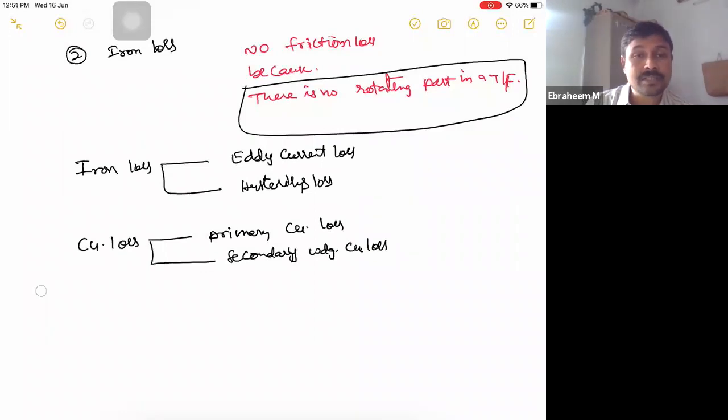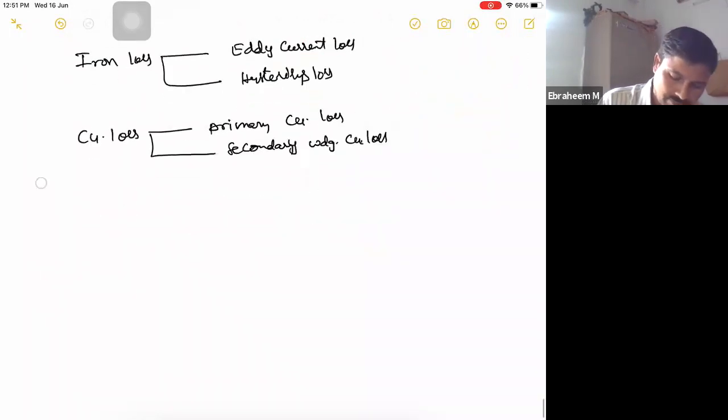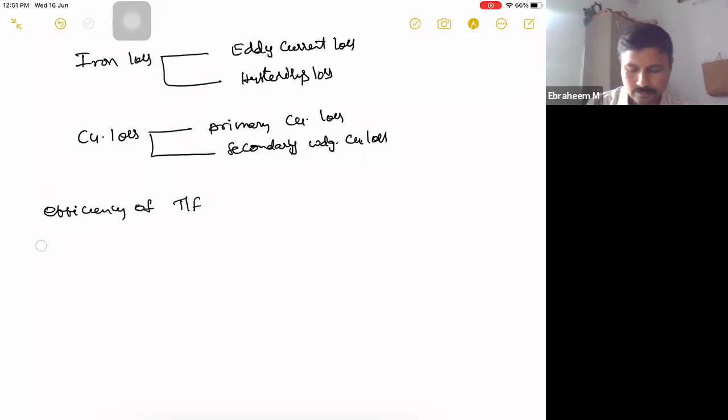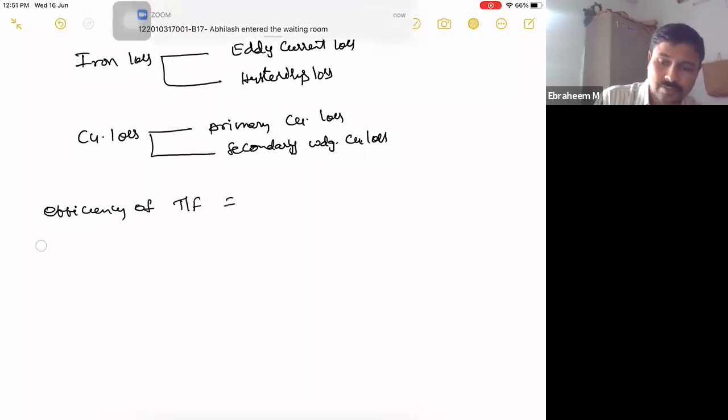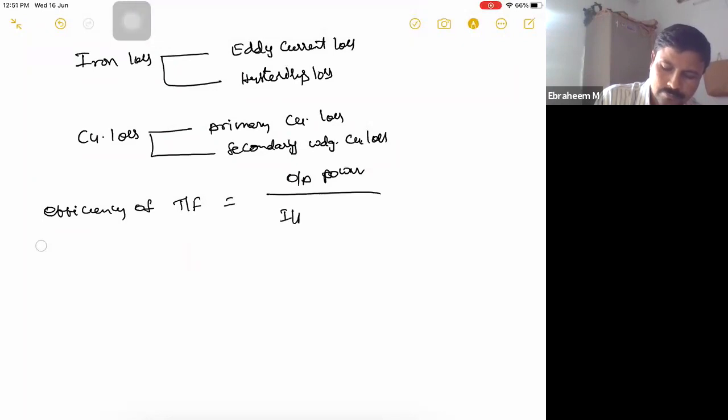So here, the efficiency of the transformer. How do we define the efficiency of a transformer? Efficiency of a transformer is equal to output power divided by input power, right?